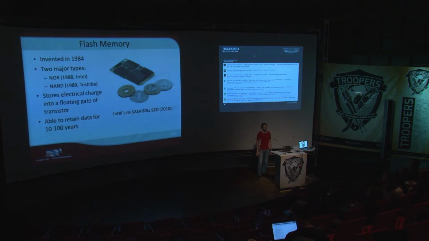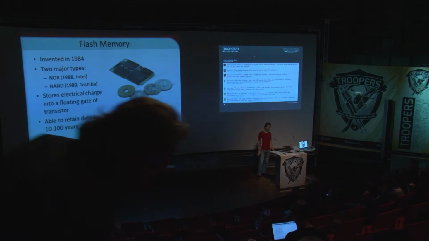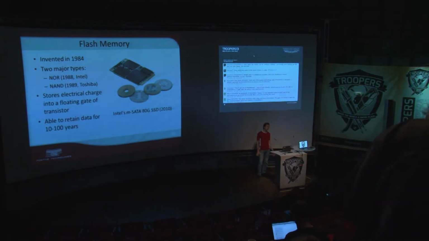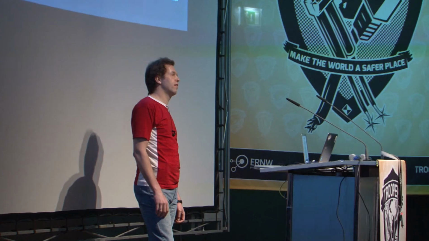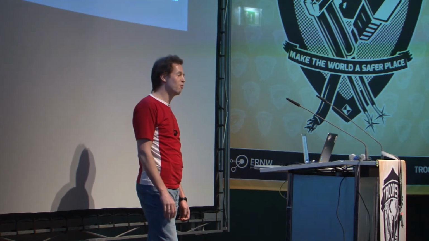Flash storage is an electronic device, so there are no moving parts, no mechanics, no magnetic fields involved, and it stores electric charge. It's complex physics, and I really don't understand how it works. I studied electronics for a short time, but not enough.